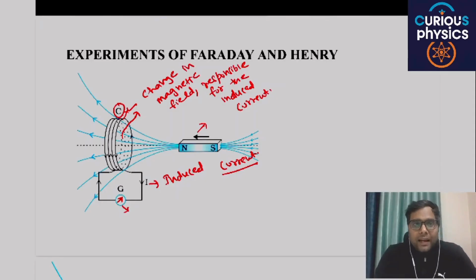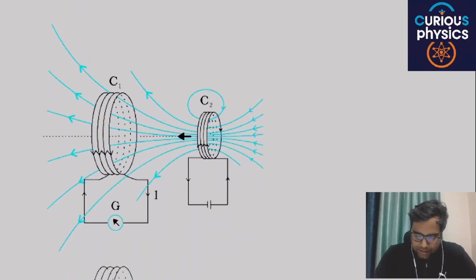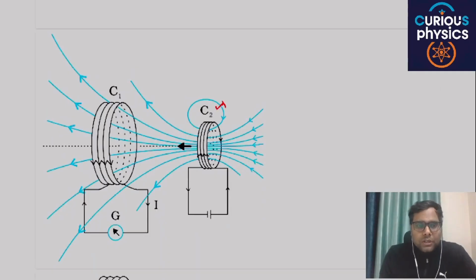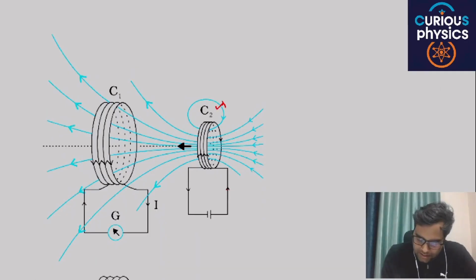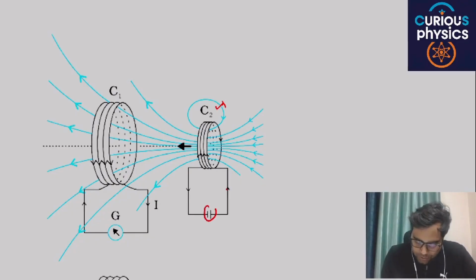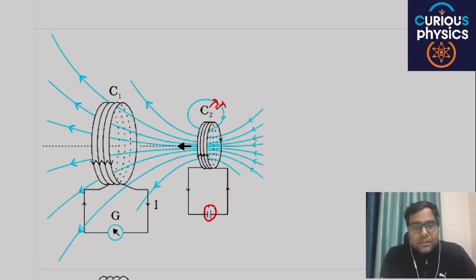Of Faraday and Henry. In the next experiment you see that coil C2 is connected to a battery. This battery is responsible for a current in coil C2, and if any current is passing through a conductor or a coil, then a magnetic field will be produced.